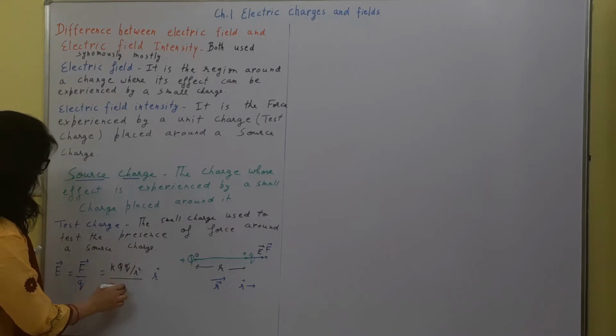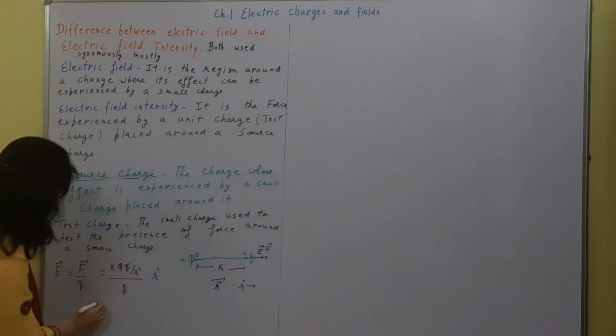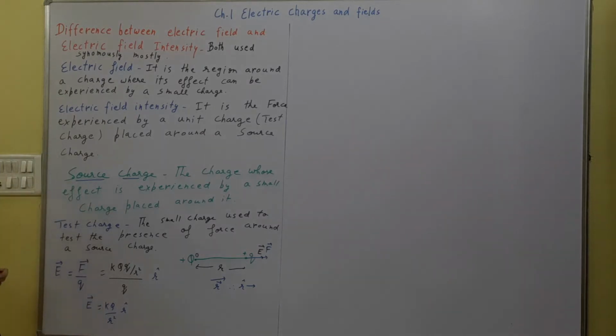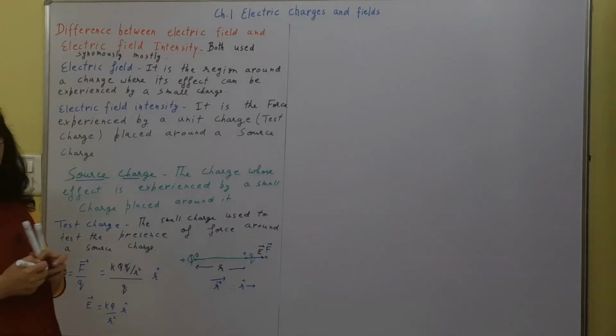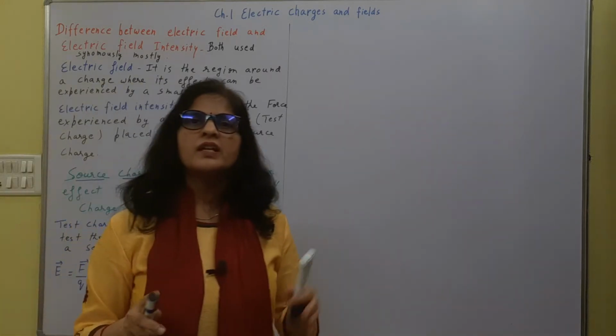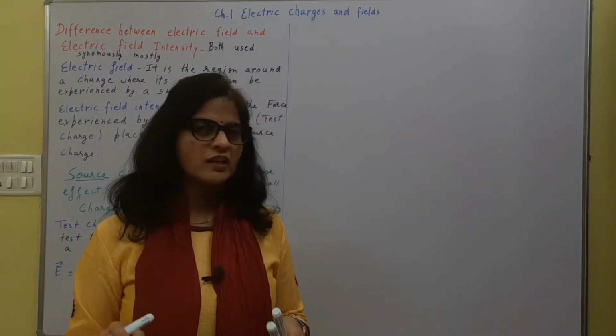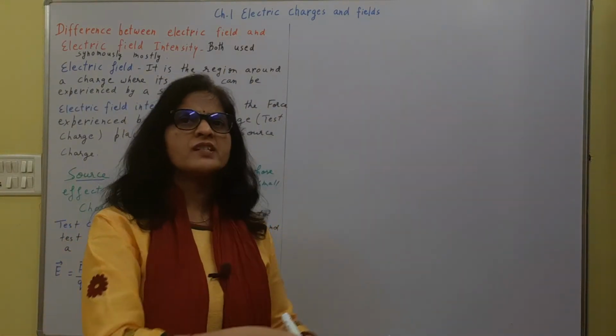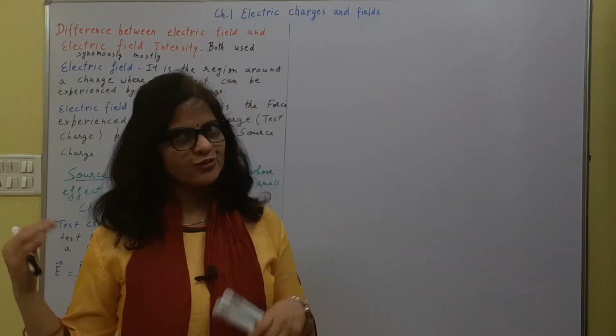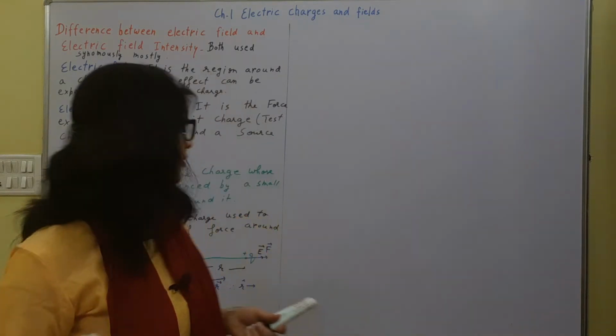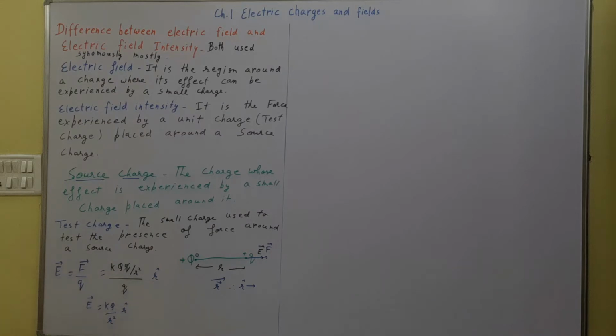So if we cancel this, this gives us K Q upon R square, and this is spherically symmetric. We have studied this as well. So technically this is electric field intensity, but sometimes in numericals we use the terms electric field intensity and electric field synonymously. So even if it is written that electric field is given, you have to use this electric field intensity only, right? So this is the basic difference between the two.